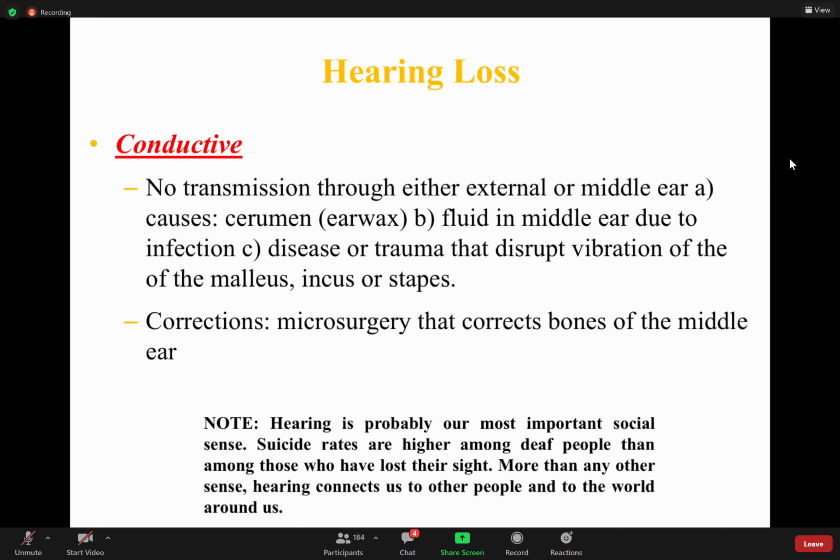Disease or trauma could also disrupt the vibration of the malleus, incus, and stapes. We wouldn't say this leads to complete hearing loss, but it would definitely dampen the ability of the individual to perceive hearing.